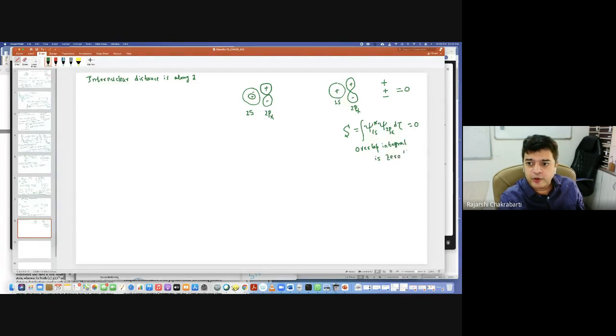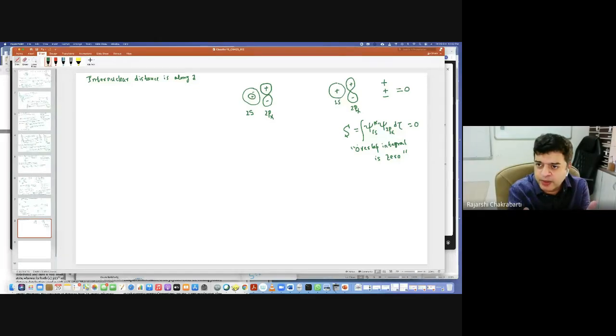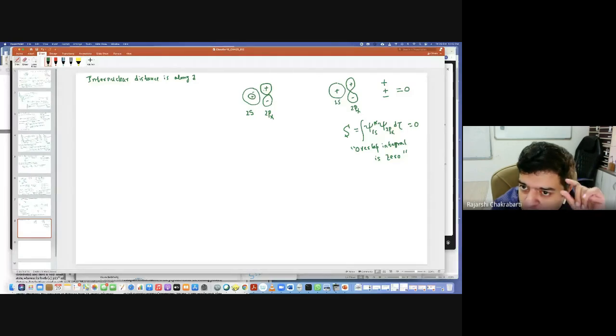1s and 2px. What about 2s and 2px? Will the same argument hold here? Yes, sir, the same argument holds. It is a little complicated, but the same argument will hold because you see the outer portion is minus. This minus and plus will give you minus. This minus and minus will give you plus, but of equal amount, so they'll cancel. And again, this plus and plus will give you a small plus.